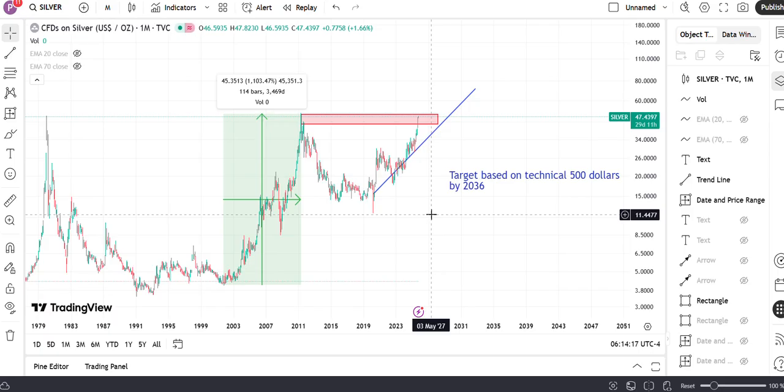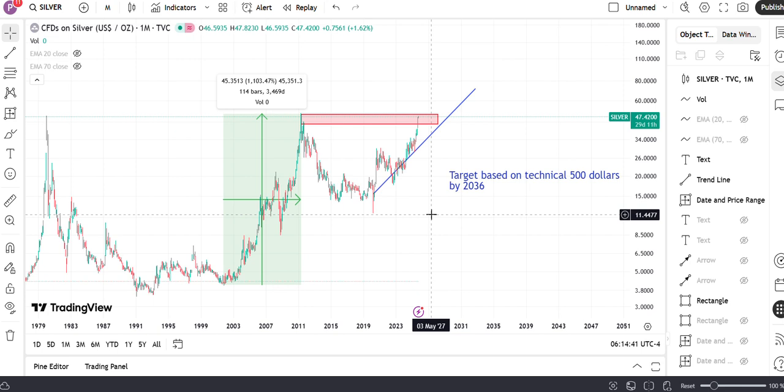Why the rally can continue is mainly due to two things. One is that the people who are manufacturing all the equipment which needs silver may think that if silver tomorrow goes 2x, 3x, 4x, subsequently their manufacturing cost will also go up. So considering that, they may think, why can't I buy silver in bulk?